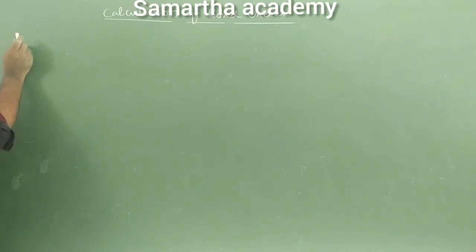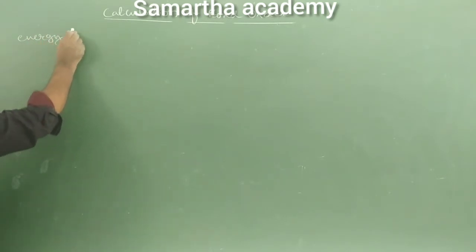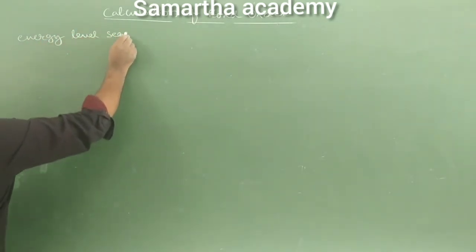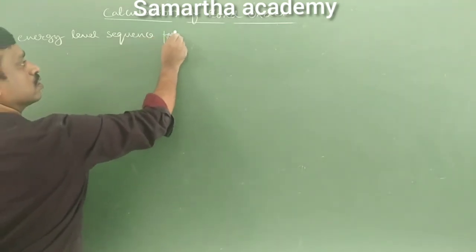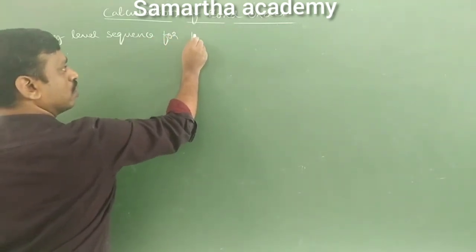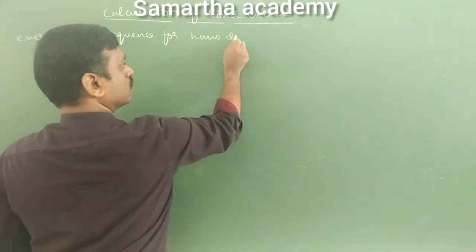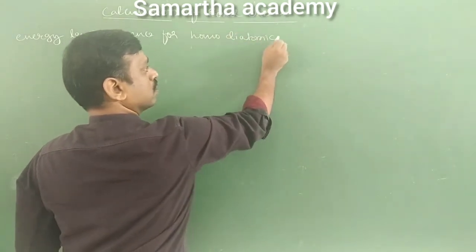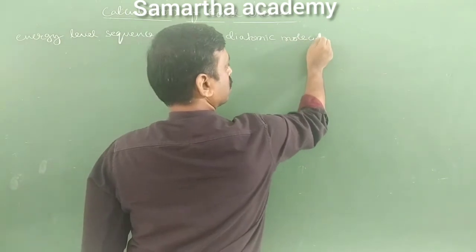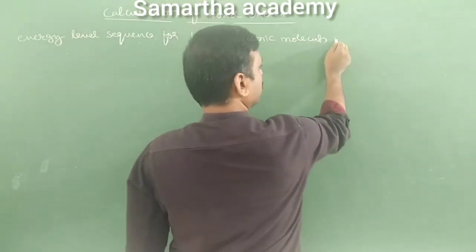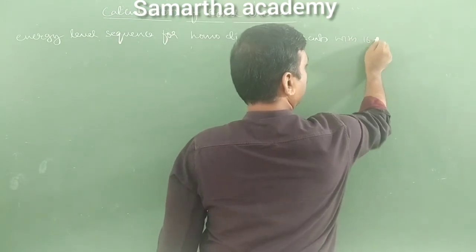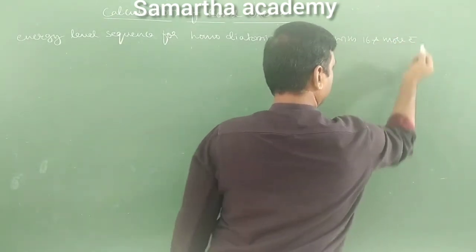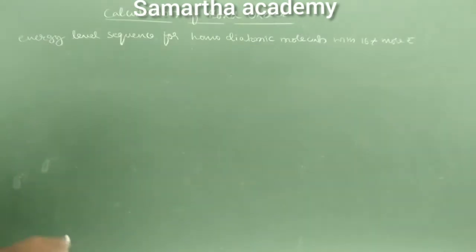Electronic configuration, energy level sequence for homodiatomic molecules with 16 and more electrons.